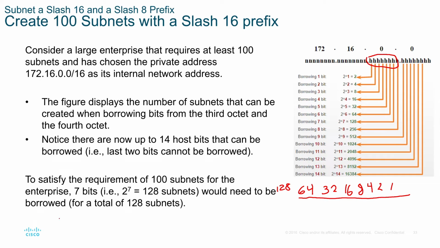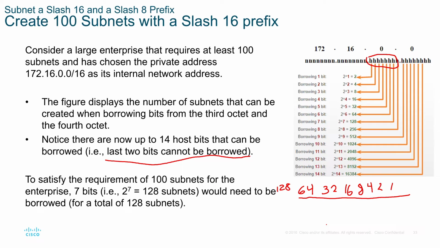So this figure displays the number of subnets that can be created when borrowing bits from the third octet and the fourth octet. There are now up to 14 host bits that can be borrowed. You always have to leave the last 2. A good rule of thumb is to always borrow at least 2 and always leave at least 2.